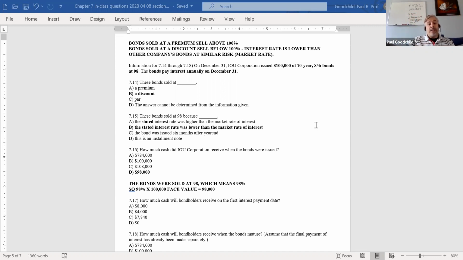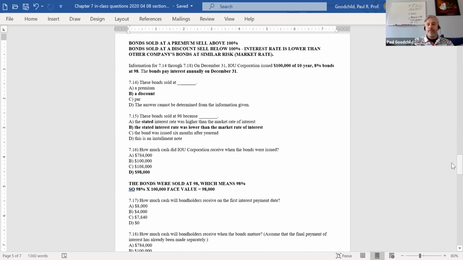So it really depends on the company. But basically, you have to be given the market rate and the stated rate in order for you to determine what the relative difference is. Will they sell at par? Will they sell below par? And you just have to compare those two rates.